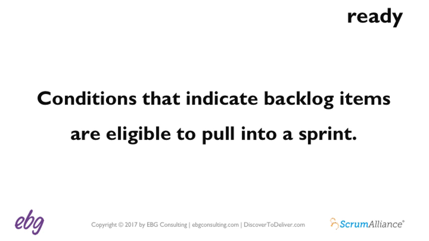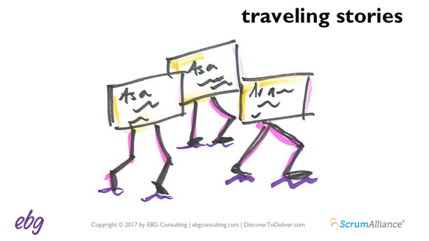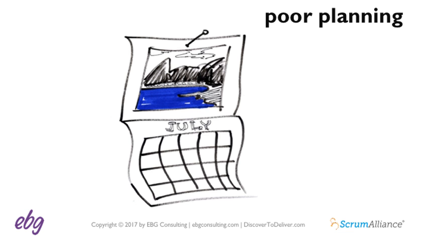So let me share just quickly a few of the unfortunate things that occur if we don't get items into a ready state before we pull them into the sprint. Traveling stories. That's a name that we use for stories that move from sprint to sprint or sometimes even release to release. Some teams call these carryover stories, clearly a sign that these stories were not ready to be pulled in.